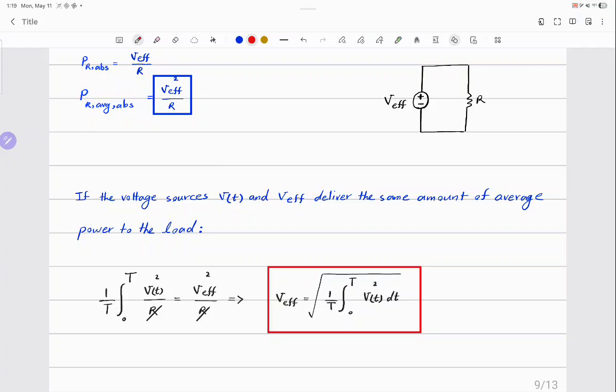Okay, let me try and give you a very user-friendly explanation of this concept. Student-friendly. I have some type of periodic signal as my source. Let's call it V(t). Periodic signal.